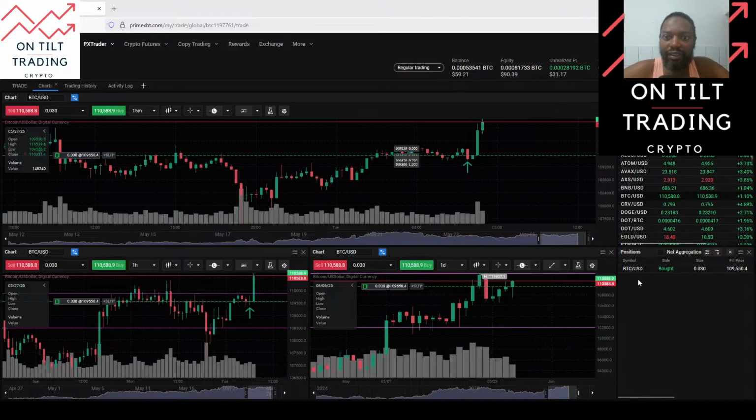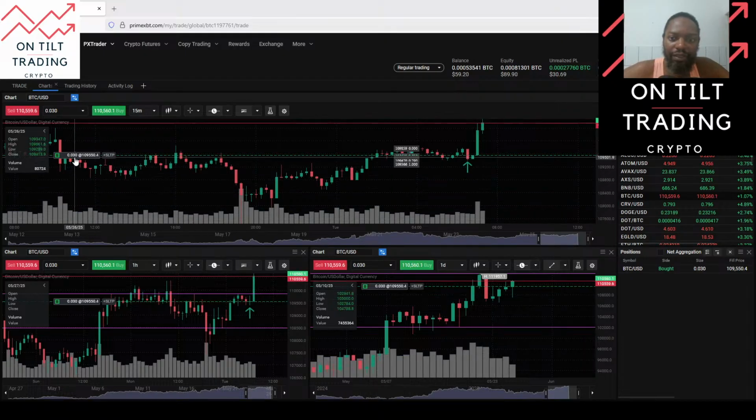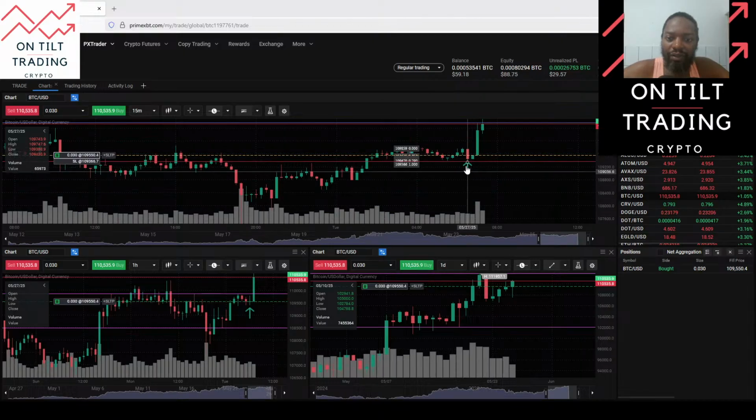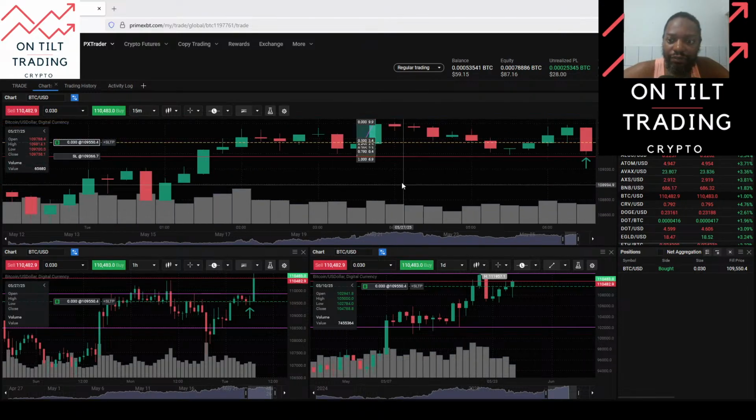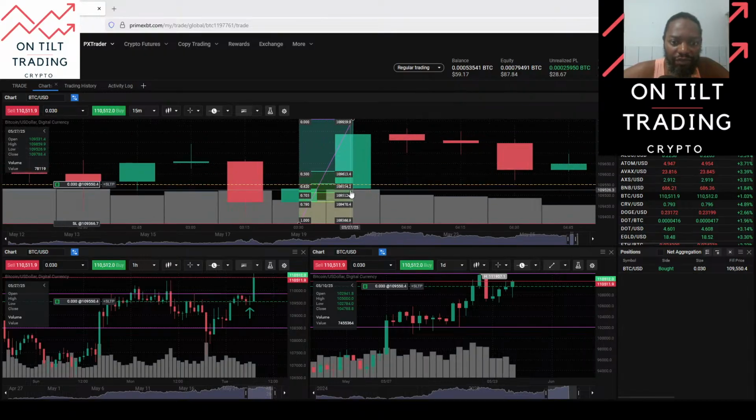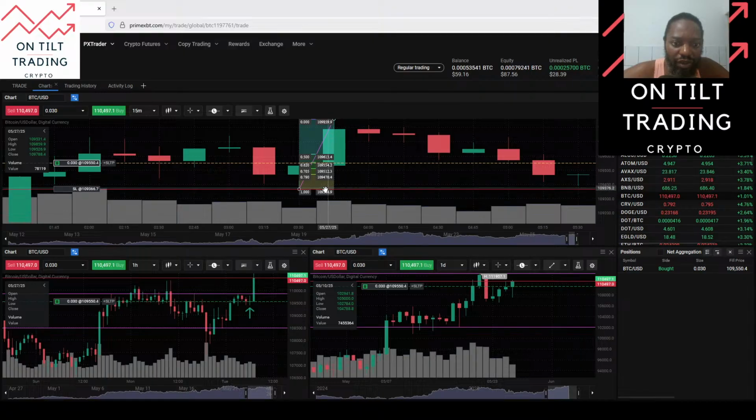And then you can see I think I'm about maybe halfway to target right now. I'll pull up my stop here. My stop loss, I believe there was a 10-cent spread on Bitcoin. Here, this is the low of this entry candle, but actually my stop would be based off of this low here.